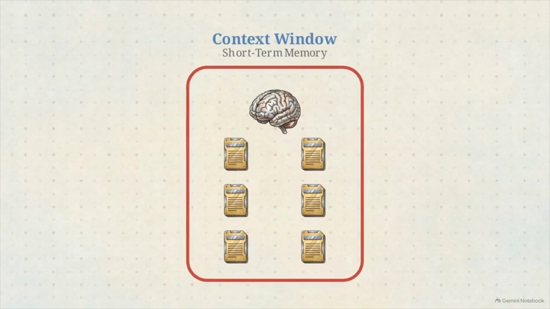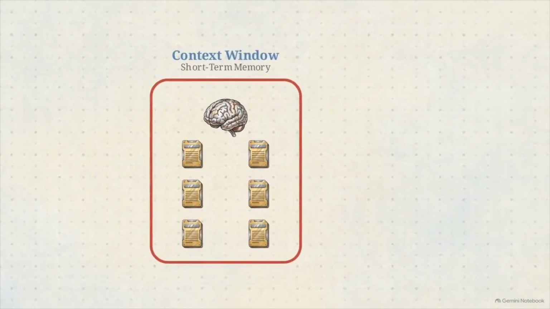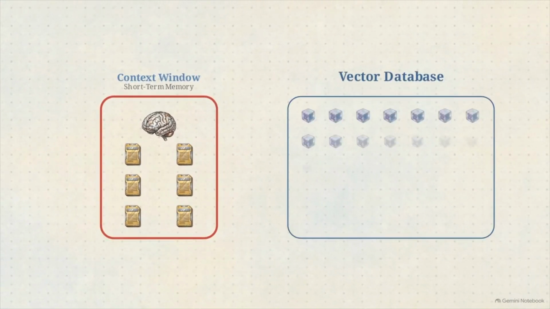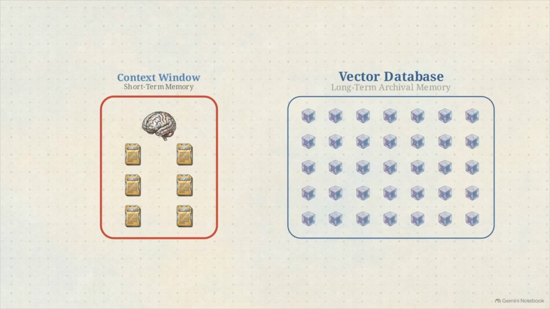That's where long-term memory becomes important. One way to handle that is with a vector database. Think of it as a huge external filing cabinet that exists outside the model's short-term memory. It can contain documents, records, facts, and other information that the agent might eventually need. Instead of loading that entire filing cabinet into the context window, the system searches it and retrieves only the information that's relevant to the current task.